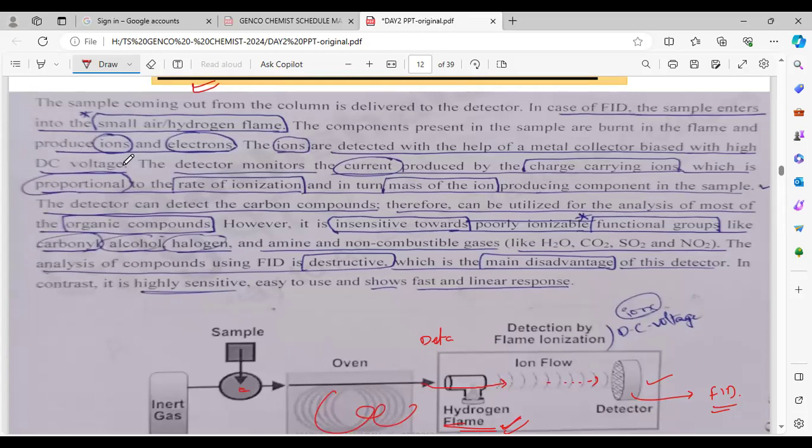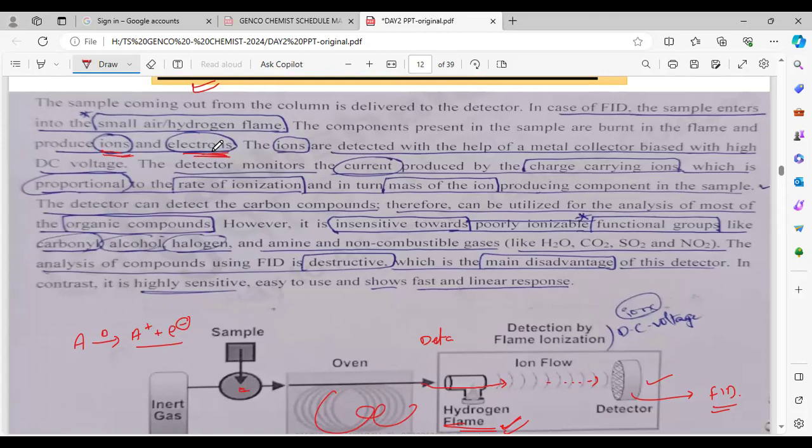The flame produces ions and electrons because all the sample is converted to ions. Suppose a sample A is there. When it is passing through the flame, that means nothing but heat. If it is converting into airflow, definitely it will release some electrons also, right? So it produces ions and electrons.